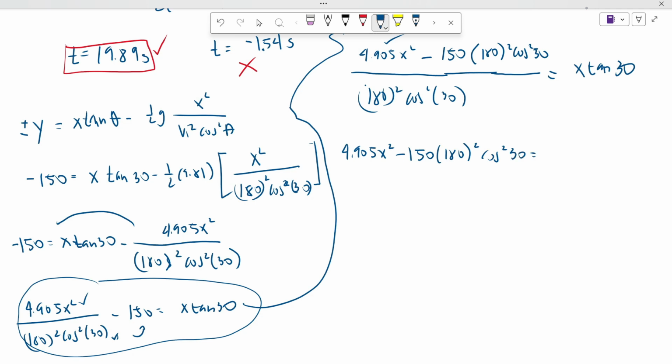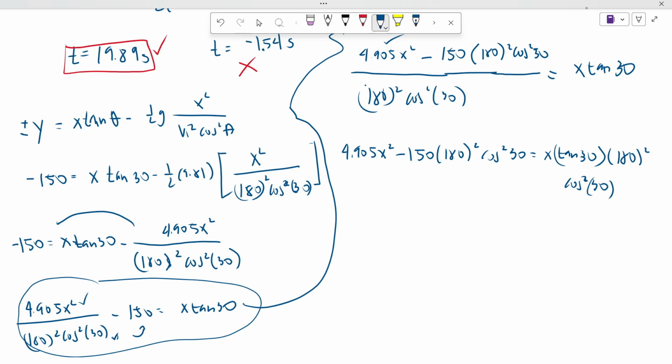So, pagkikita nyo, napakahaba na ng solution natin. So, x tangent of 30. Huwag kalimutan yung parenthesis para hindi tayo malito. 180 squared and cosine squared 30. So, ito lang disadvantage ng paggamit ng general formula, napakahaba na solution.